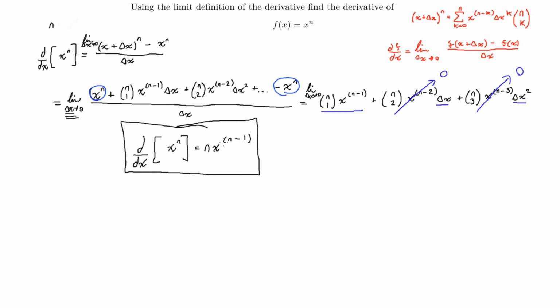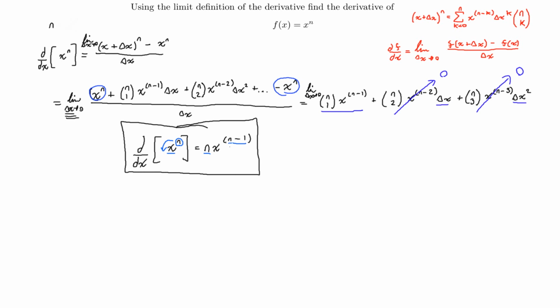So what happens if you have x to the n is that the exponent comes down and becomes the coefficient, and then you decrement the exponent by 1. That's how you do it.